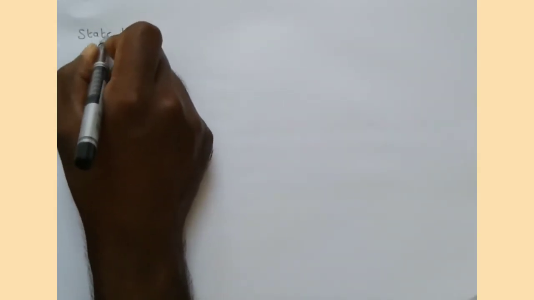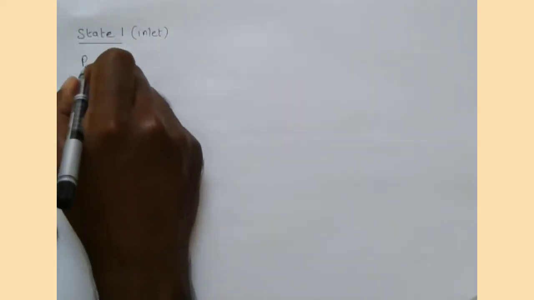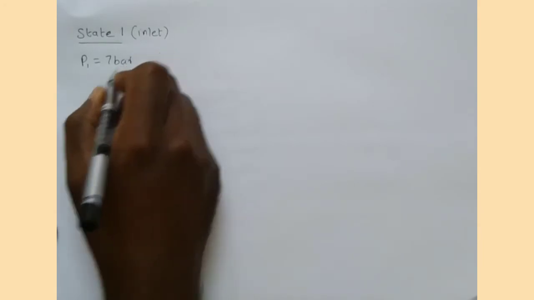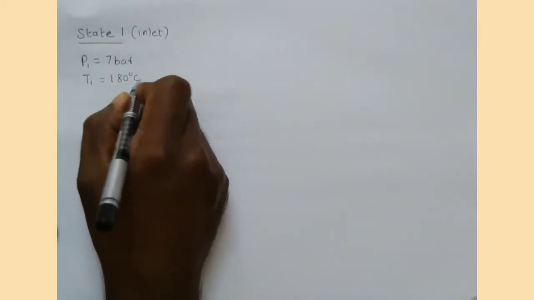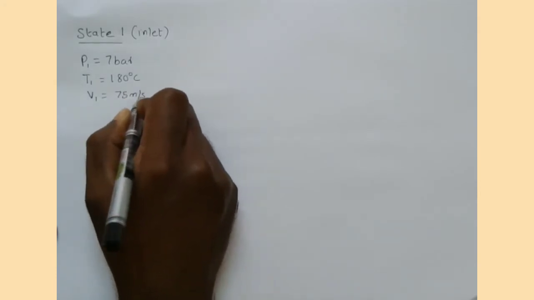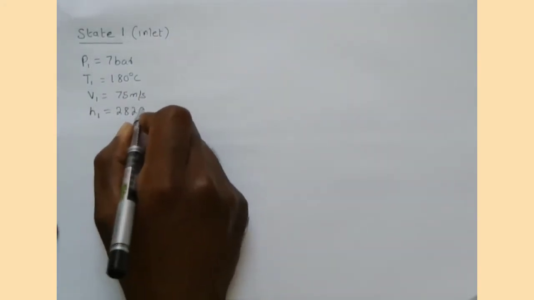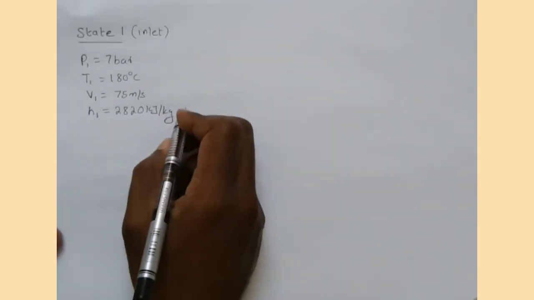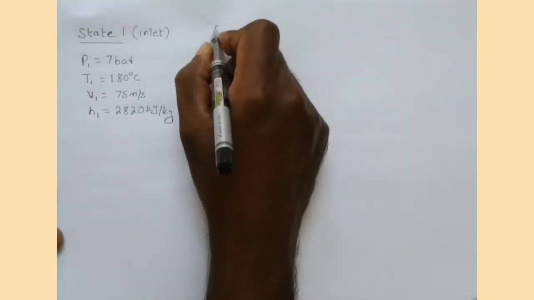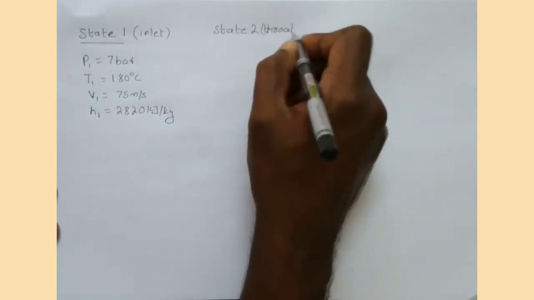Now we are going to write the properties of steam at state 1, state 2 and state 3s. At state 1, that is at inlet, pressure P1 equals 7 bar, temperature T1 equals 180 degrees Celsius and velocity V1 equals 75 m per second. Enthalpy H1 equals 2820 kJ per kilogram.